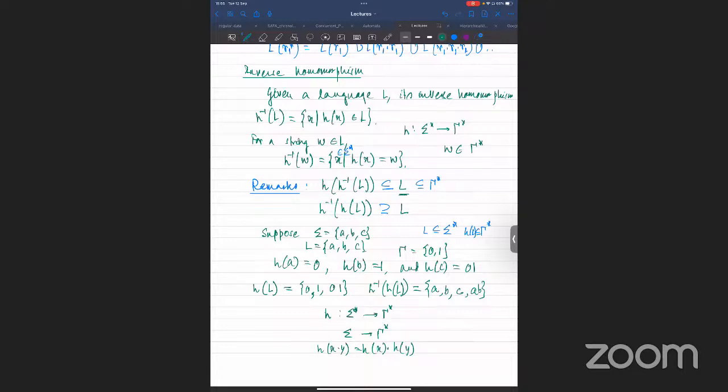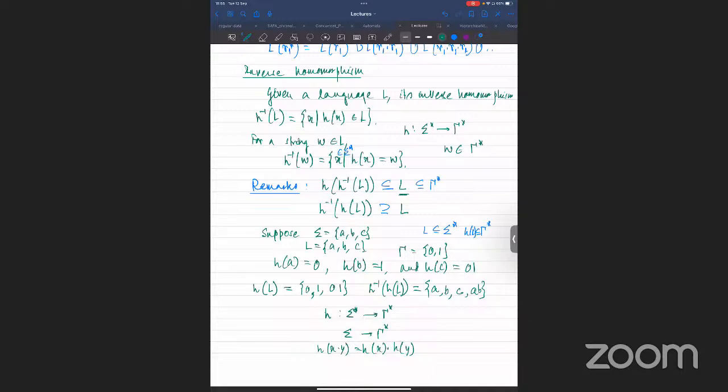So you only get those words in sigma star which have a mapping in gamma star that is a member of L. For some of the words, you may not have a pre-image, and then those things will get lost when you take the H back.